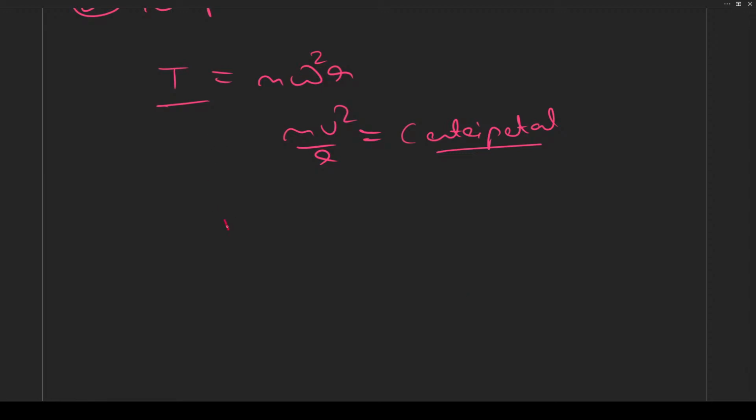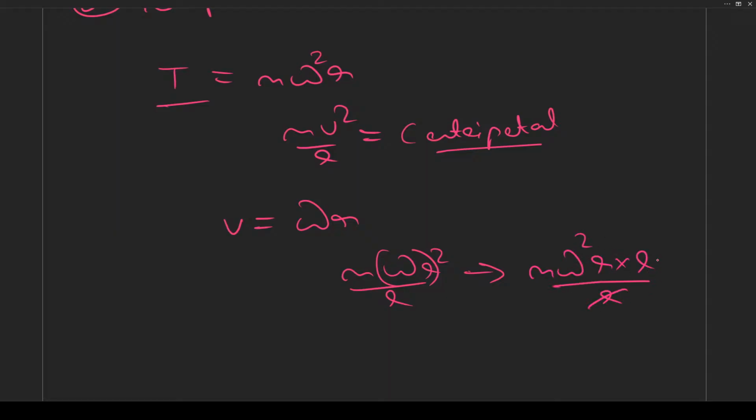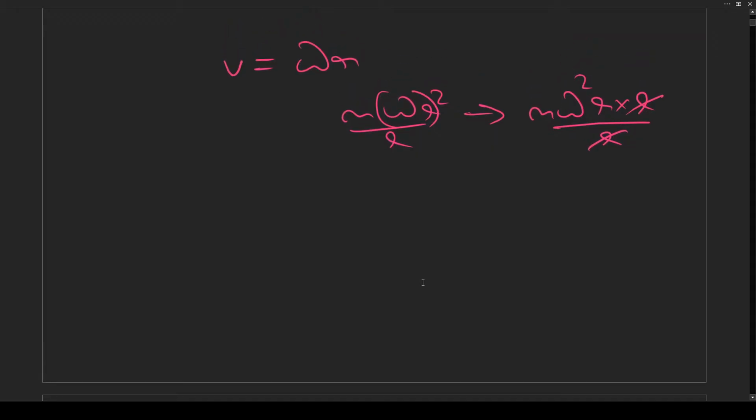Now we know the relation v equals omega r. So v square is m omega r whole square by r. This we can write as m omega square r into r by r, cancel. We will get tension equals m omega square r.